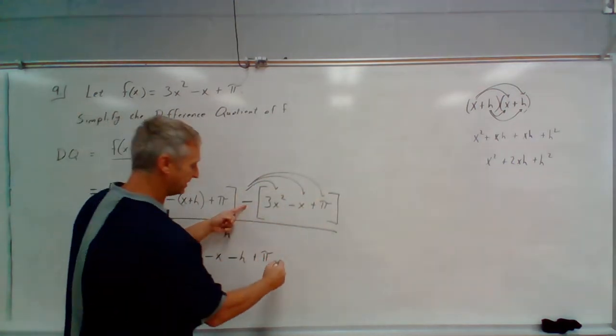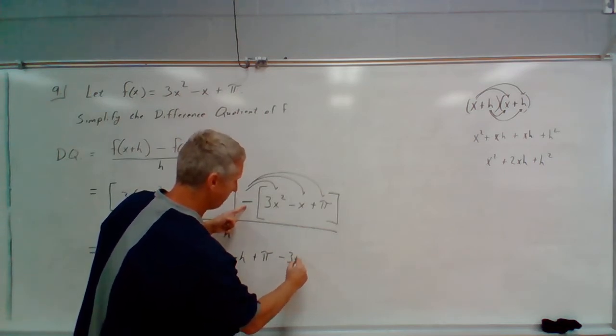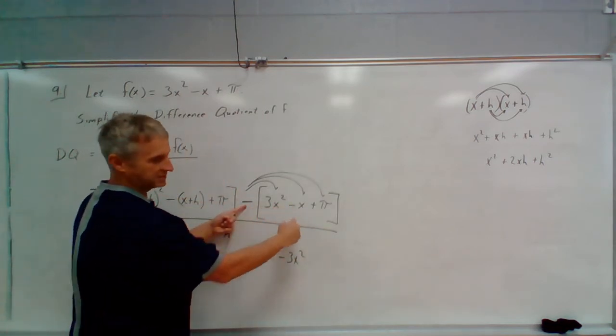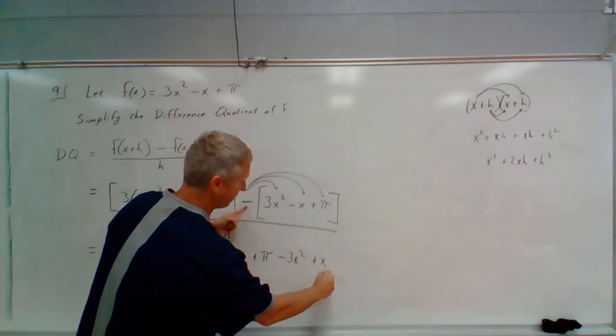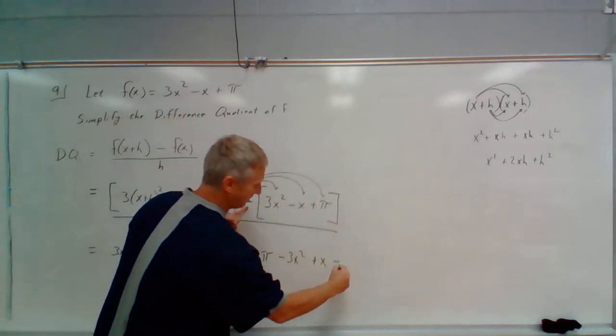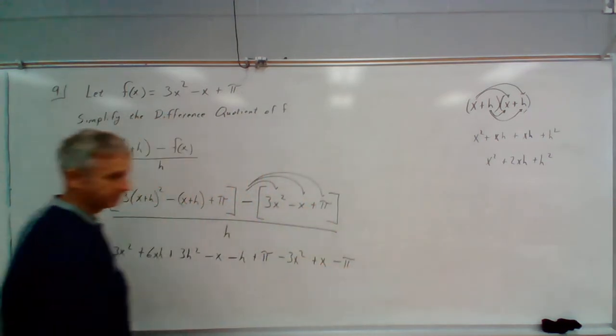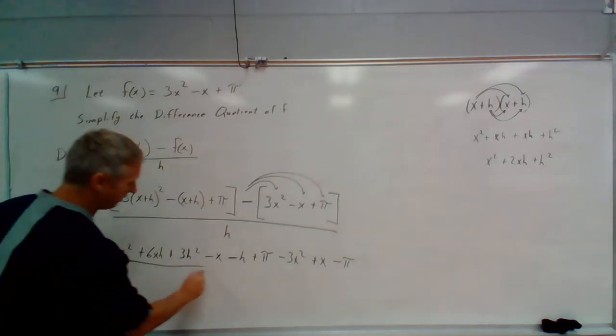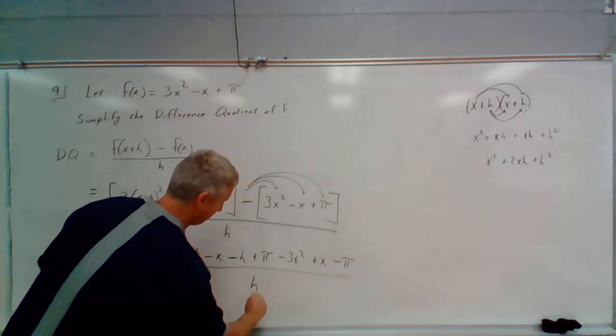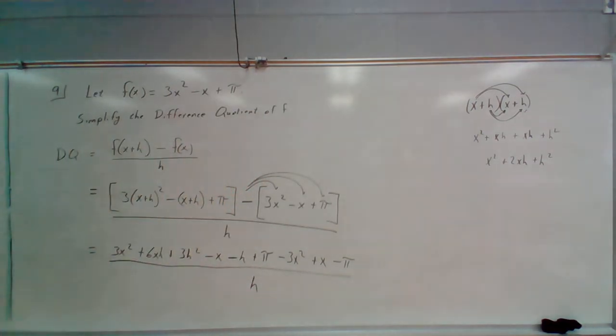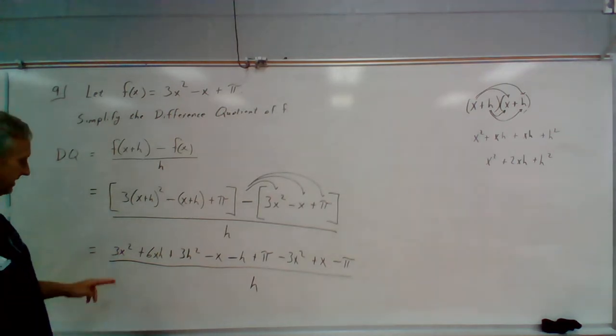So minus 3x squared plus x minus pi, all over h. All right, now some really cool stuff happens and things start canceling out.